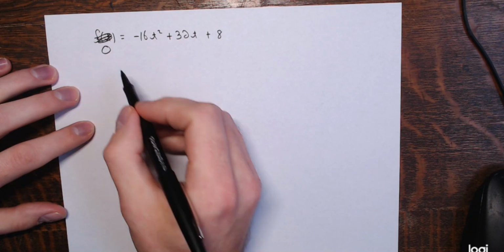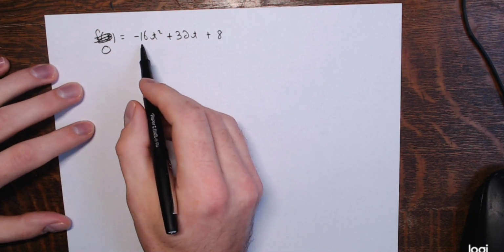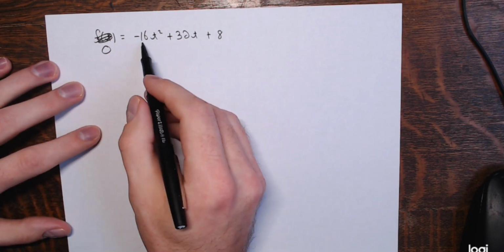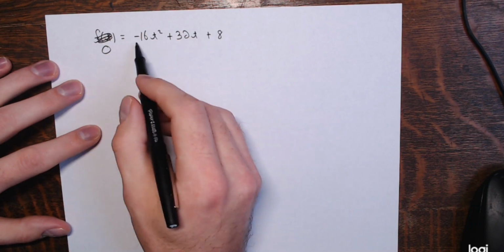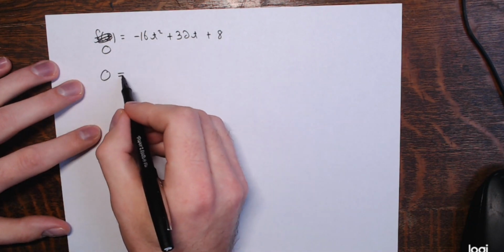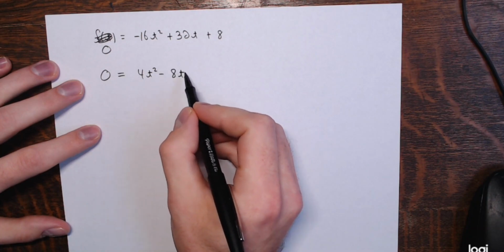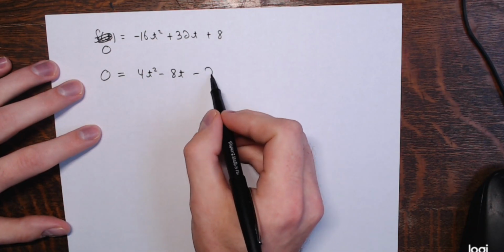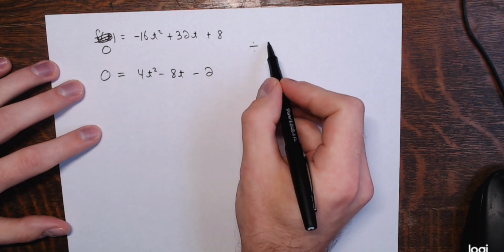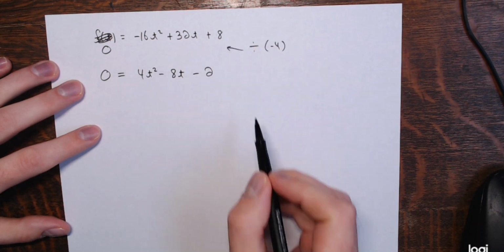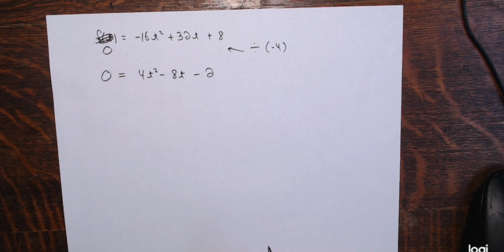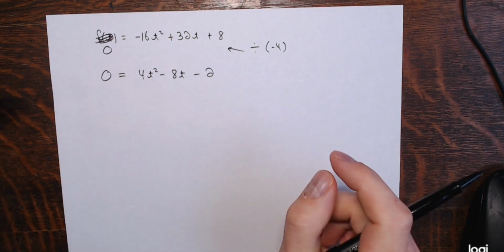I notice that all these are nice multiples of 4. I'm going to divide everything by negative 4. We get 4t squared minus 8t, and then minus 2. That's all I did, divide both sides by negative 4. Alright, and now we have some smaller numbers to work with.